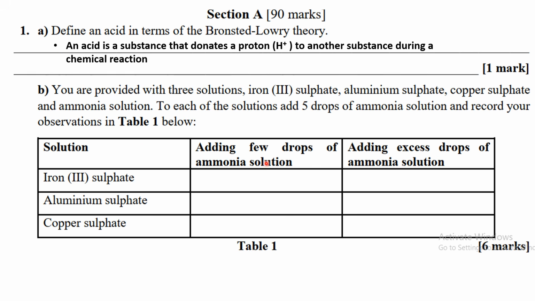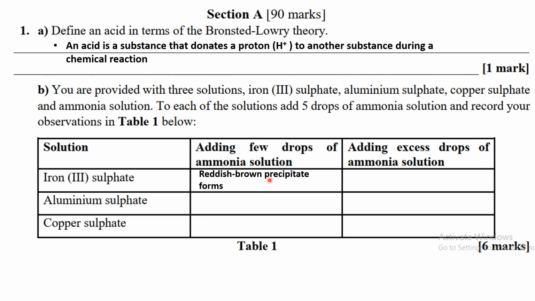So adding a few drops of ammonia solution to iron sulfate would produce what is called a precipitate. That precipitate is going to look reddish brown in color.